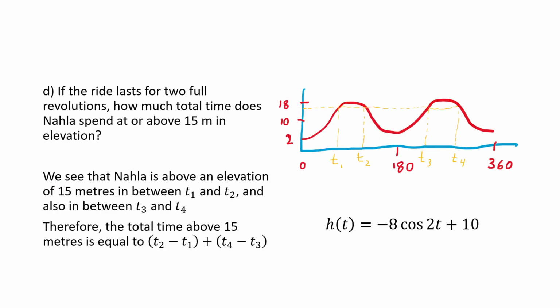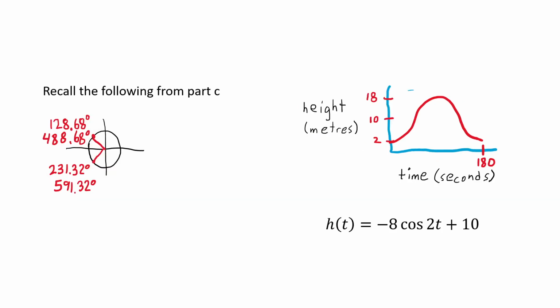all these angles, and that's a good thing. So hopefully what you can see is the time above on this first hump is represented by T2 minus T1, and the time above on the second hump is represented by T4 minus T3. Go back to these angles that we had from earlier. Each one of those angles represents 2t.